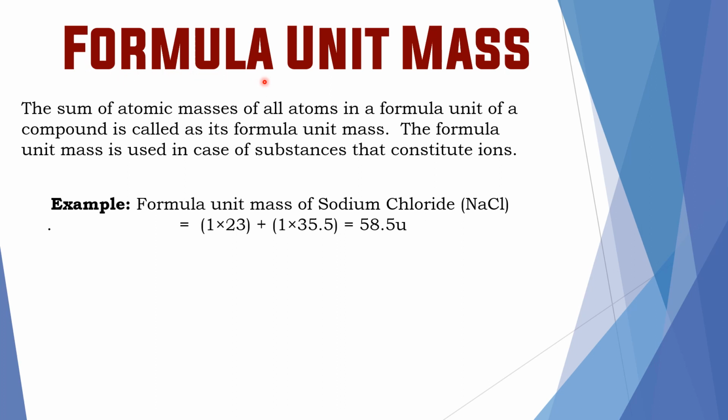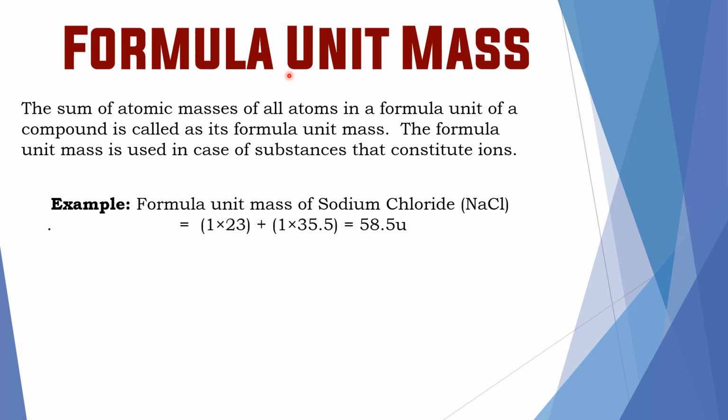Next is formula unit mass. So what is formula unit mass? The calculation of formula unit mass and molecular mass is almost the same. Then what is the difference? The formula unit mass is used for those substances whose constituent particles are ions.